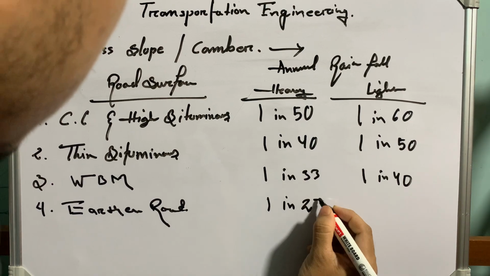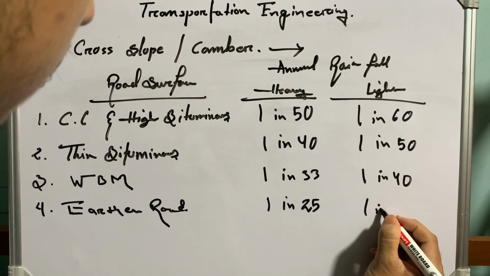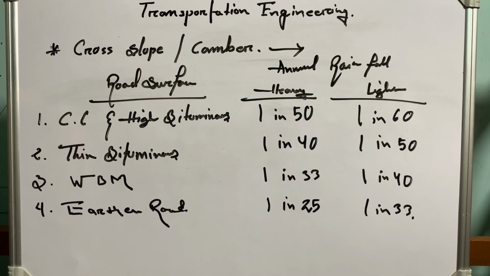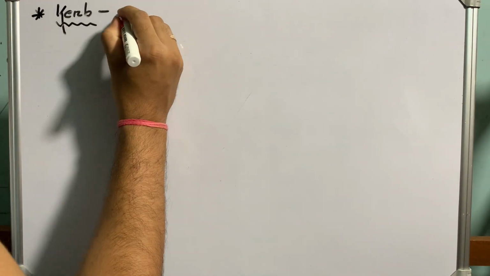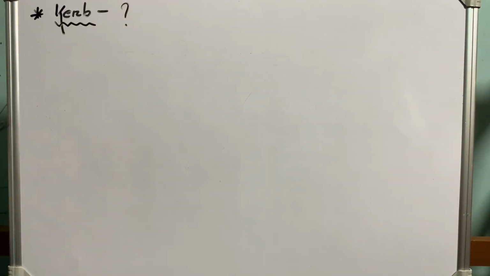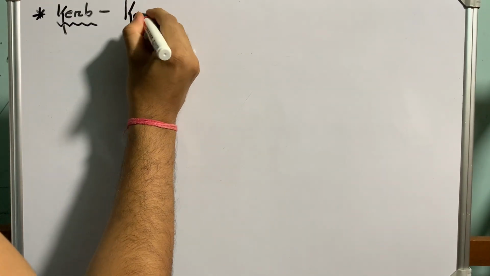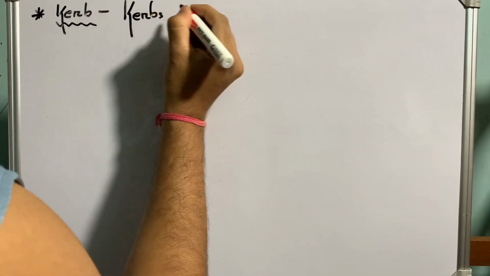And for earthen road, for heavy rainfall area, 1 in 25, and light, 1 in 30. Along with WBM, there is also WMM, meaning wet mix macadam. For wet mix macadam and water bound macadam, the values are the same.